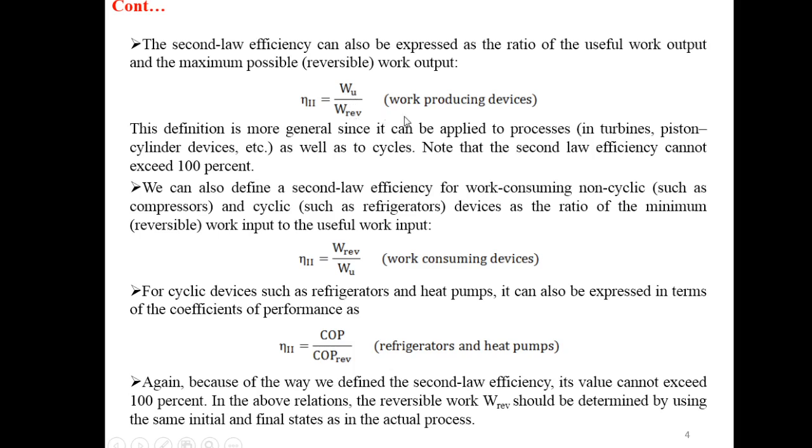This is for work producing devices. This definition is more general since it can be applied to processes in turbines, piston cylinder devices, etc., as well as to cycles. Note that the second law efficiency cannot exceed 100%.